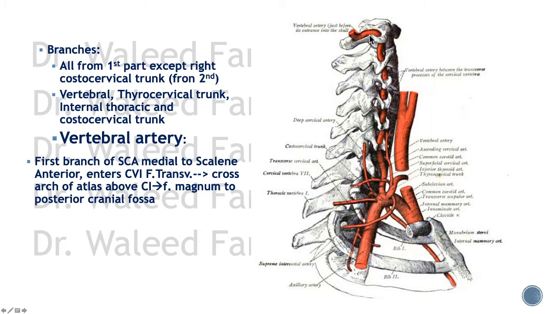And once it reaches the atlas, it curves medially and pierces the posterior atlanto-occipital membrane to enter the foramen magnum and the posterior cranial fossa, where it will supply the occipital lobe and the inferolateral surfaces of the temporal lobes. This is a brief overview of the vertebral artery. We will discuss it in detail later on when we study the skull.